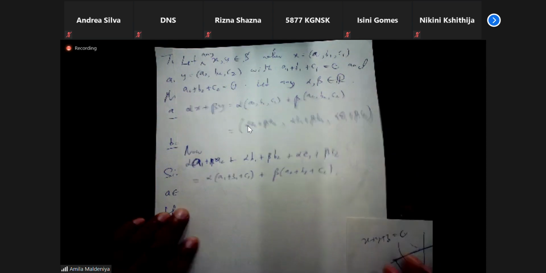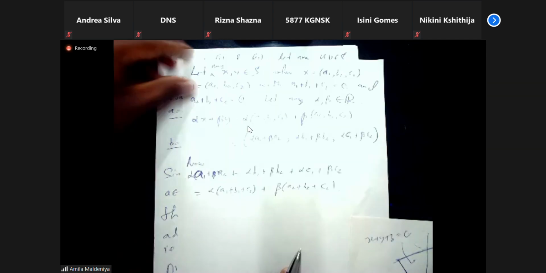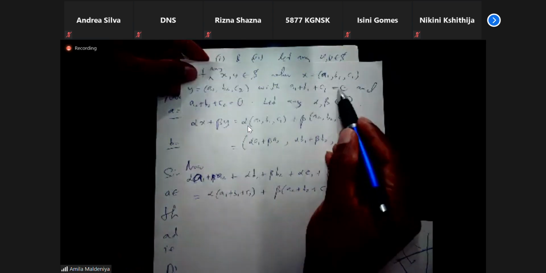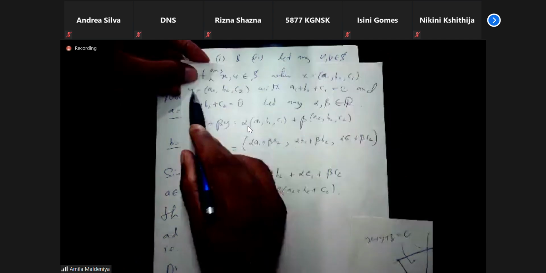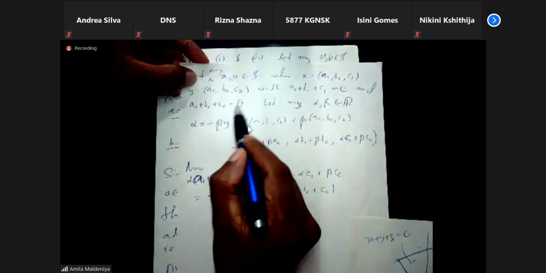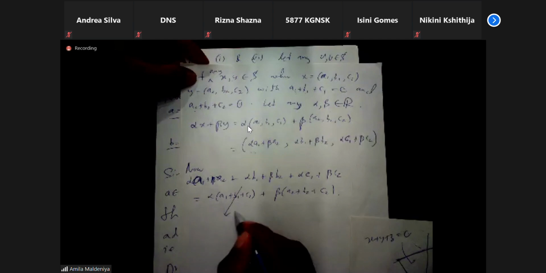Why do I simplify this? I want to show this is equal to 0. Now I have this condition: A1 plus B1 plus C1 is 0 because X is an element of that set. Since Y is also an element of that set, the sum of its components is 0. So that's why I convert it this way.